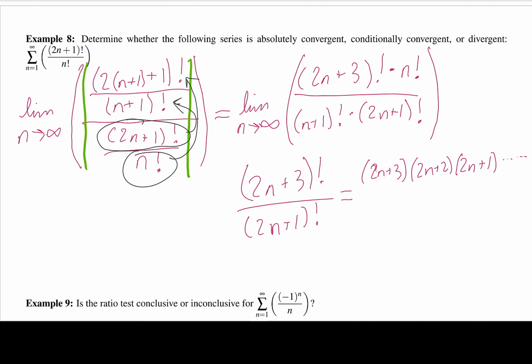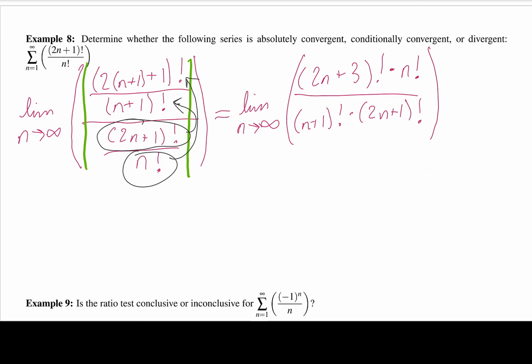And so then the rest of this is really just 2n plus 1 factorial. Right, so this would be 2n plus 1 factorial, and then we're dividing by 2n plus 1 factorial. So what this means is that we can cancel these out, and we'll just be left with 2n plus 3 times 2n plus 2. Okay. So that's how that works out.